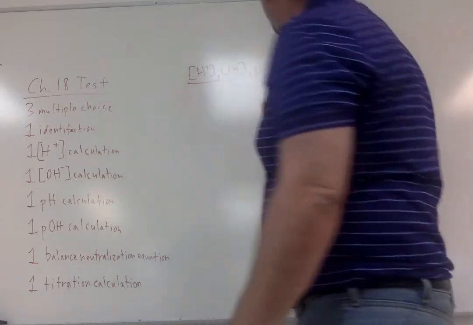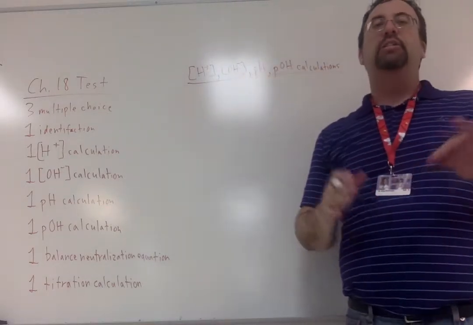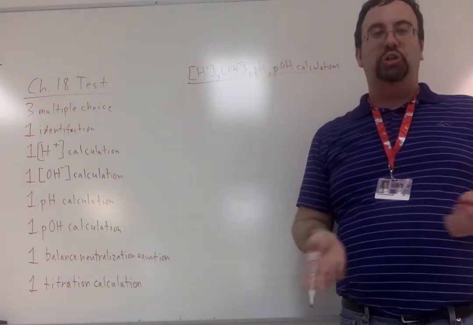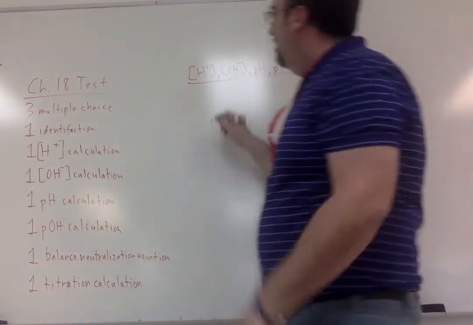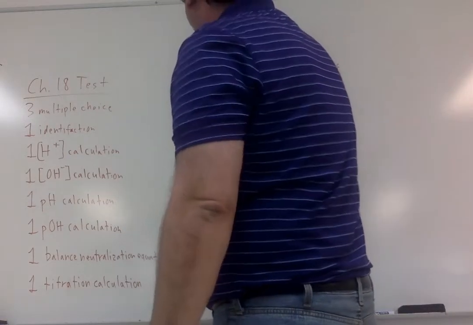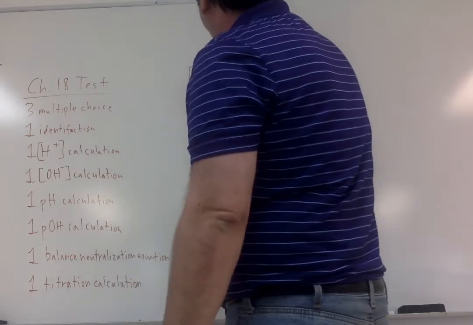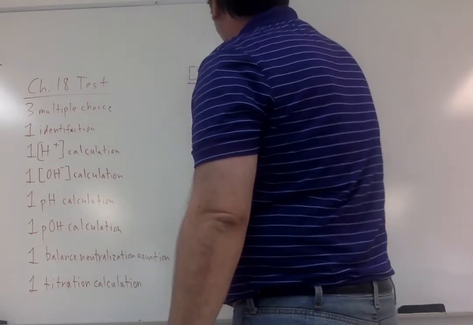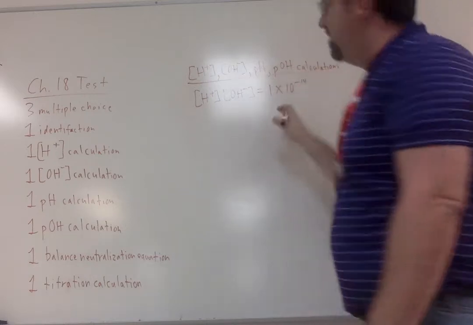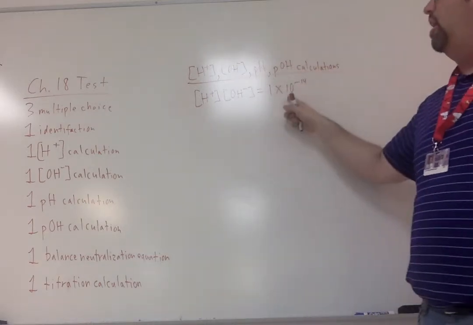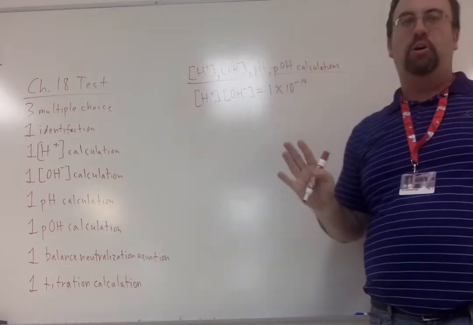All right, I'm going to give you guys some useful equations, which of course you can use on the test. So remember that the concentration of hydrogen ions times the concentration of hydroxide ions is equal to 1 times 10 to the -14. Remember, this is our ion product constant for water.